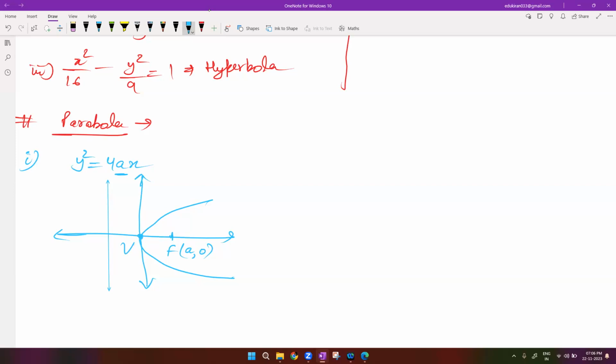Okay, so this V is the vertex. The vertex is (0, 0). Just give me a moment. Draw a table.